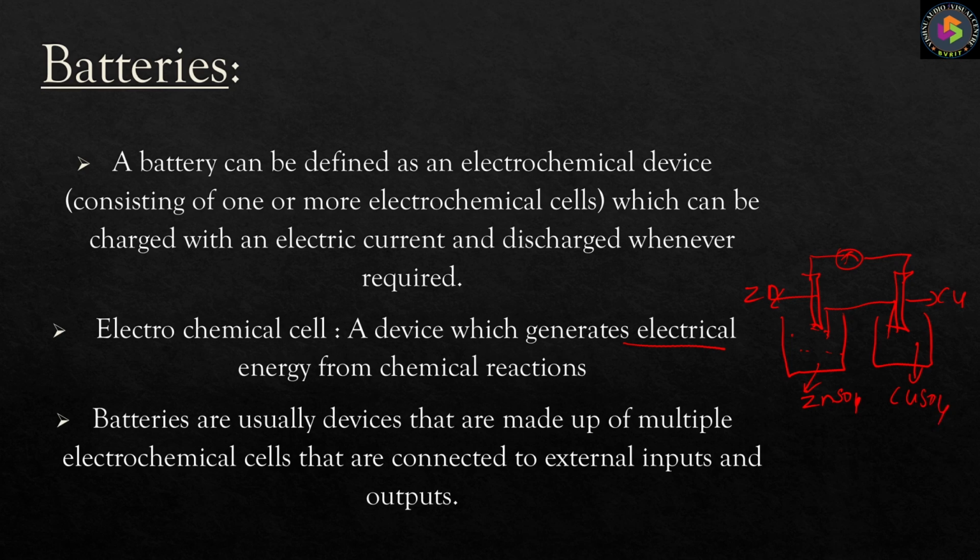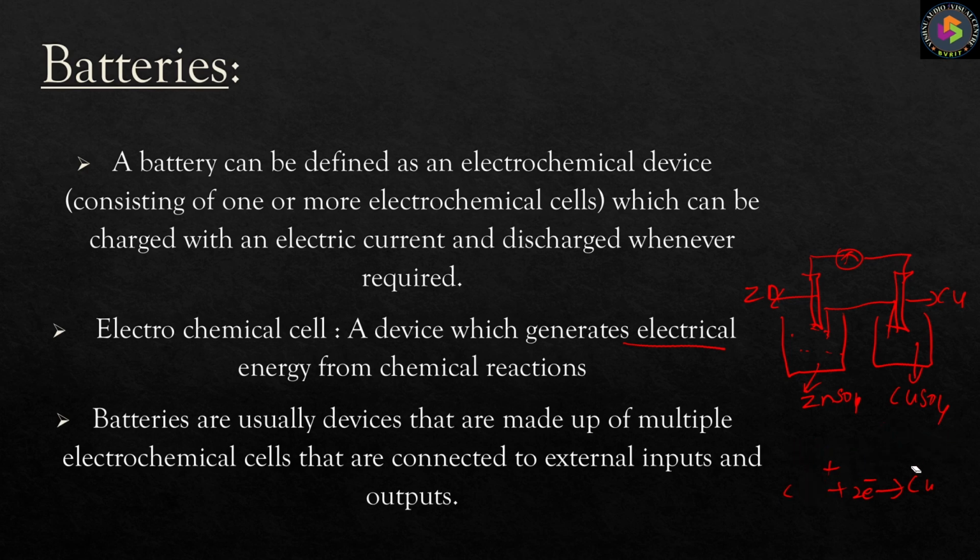Here the zinc undergoes oxidation, which liberates Zn2+ and 2 electrons. The liberated electrons are gained by copper, which undergoes reduction. So this forms the electrochemical cell device.